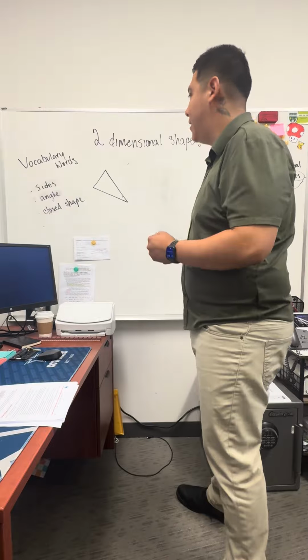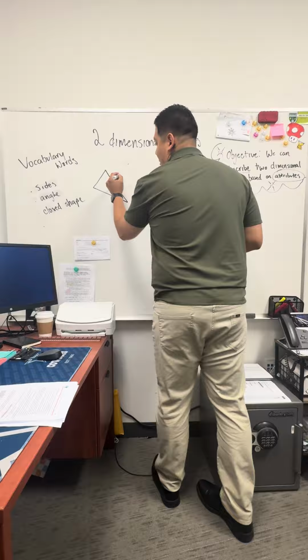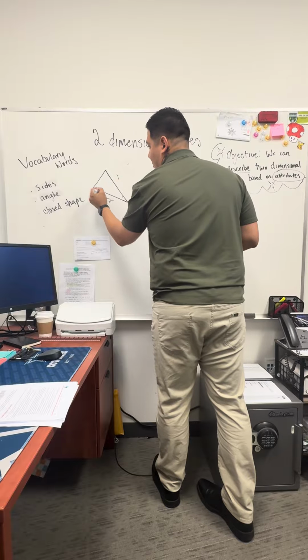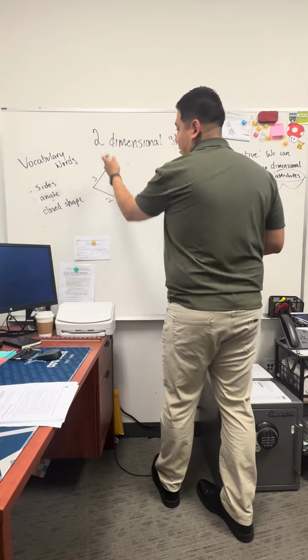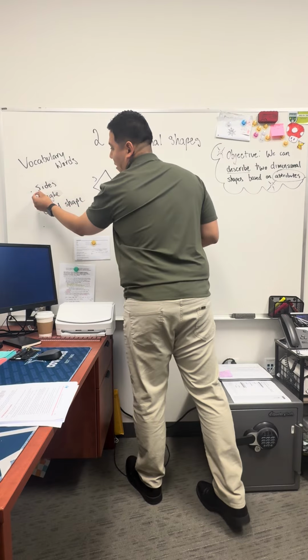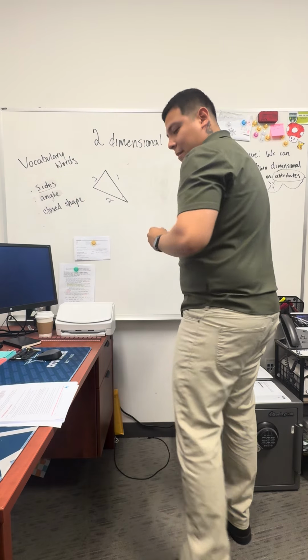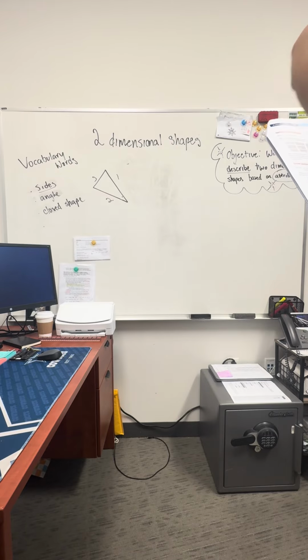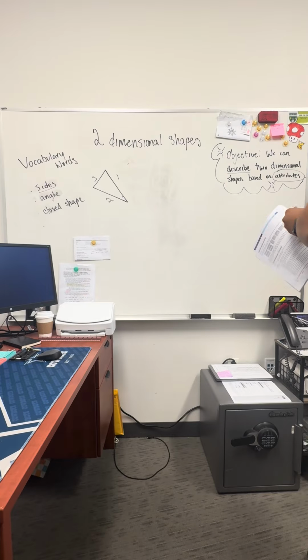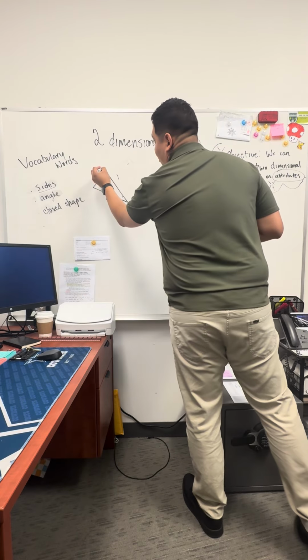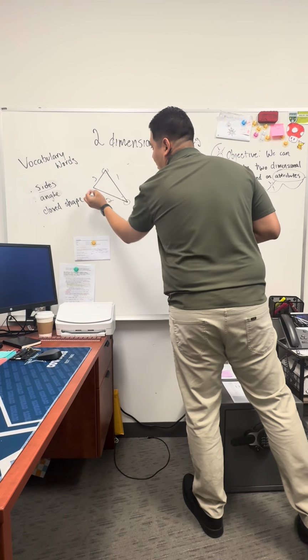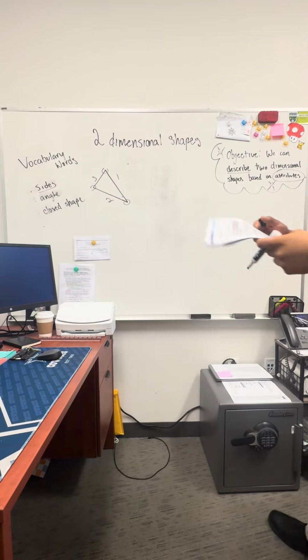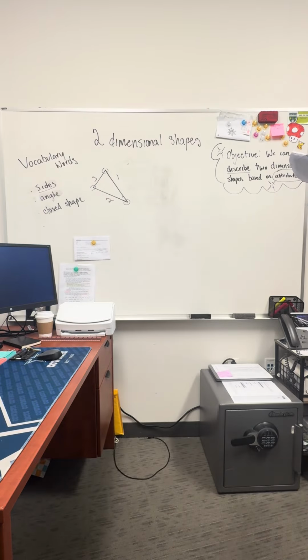We can say that it has 1, 2, 3 sides, which is one of our vocabulary words, sides, right? So you see how we are using different ways to describe what the shape is. We can also say that it has 1, 2, 3 corners, right? 3 corners.